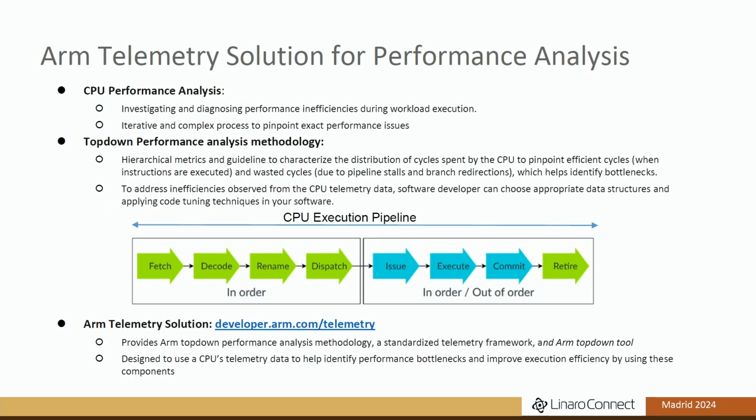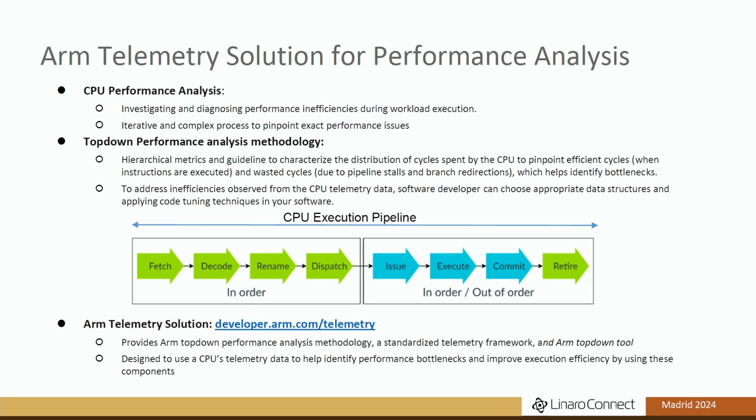So the problem we are trying to solve is really performance analysis. And the solution we have from Arm side is what we call Arm telemetry solution. It's an umbrella that captures all the solution components we need to conduct performance analysis on basically Arm CPUs.